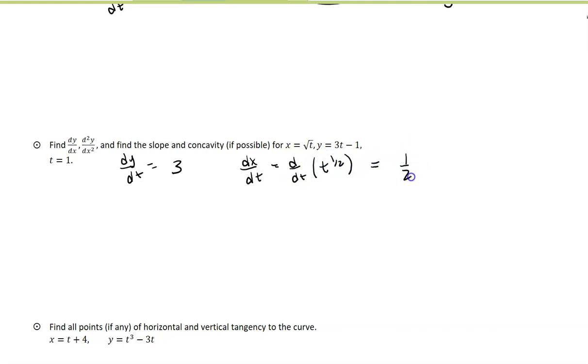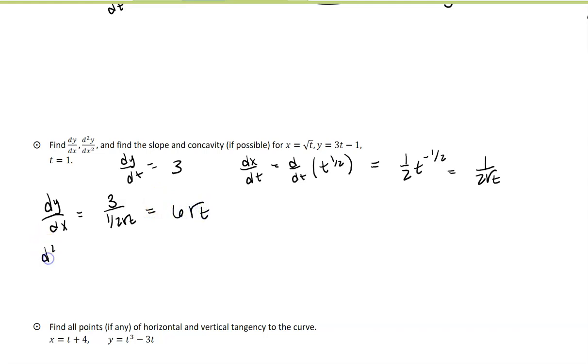So that's 1/2 t to the negative 1/2, or 1 over 2 square root of t. So dy over dx then is going to be 3 over 1 over 2 square root of t. And when you multiply that out, you get 3 times 2, which is 6 square root of t.